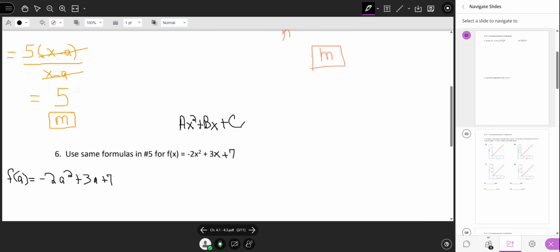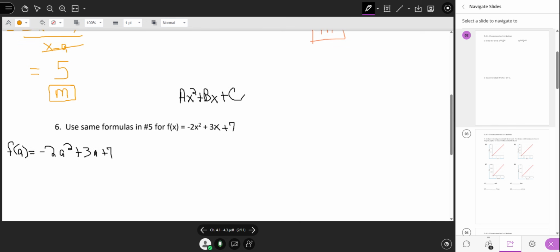Like I said, it's not exactly user-friendly, but negative 2x squared plus 3x plus 7. Then it says minus, so minus f of a.